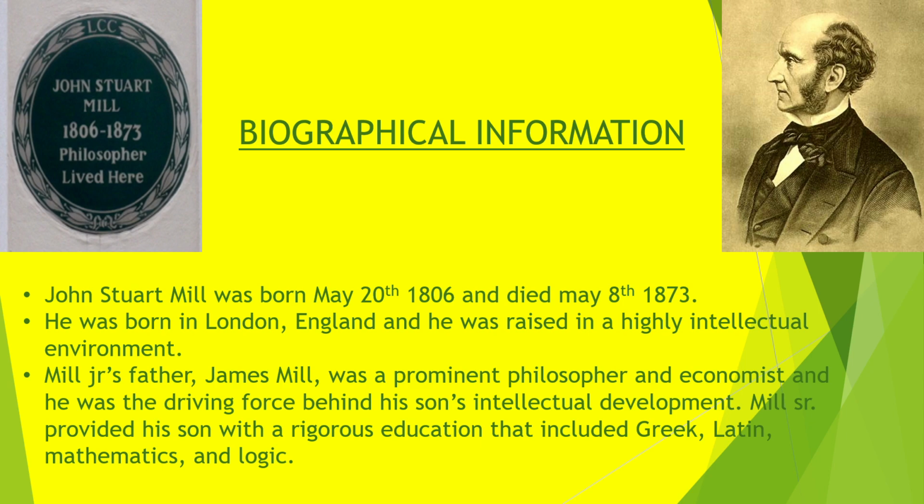Mill Sr. provided his son with such a rigorous education that ultimately included important topics such as Greek. He learned Greek real early, Latin, mathematics, and logic. Some of the research that I did for this presentation said that Mill Sr. kept Mill Jr. from being around other kids except for his siblings, just so he could focus on his education.